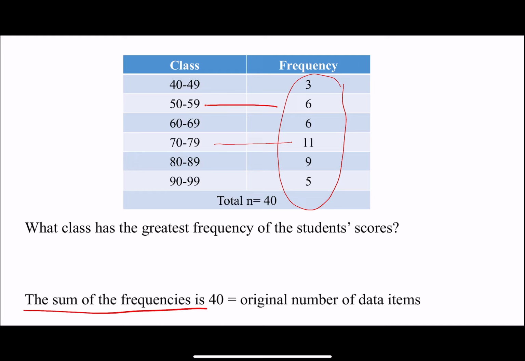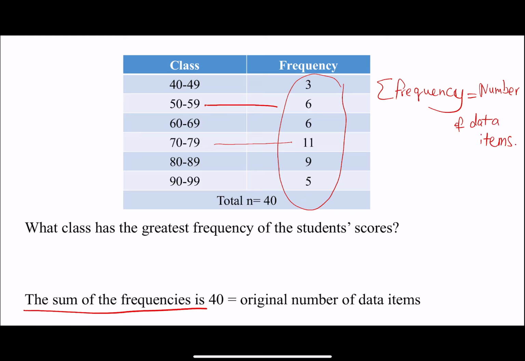So when you add all the frequencies, guys, I use sigma. Sigma represents sum, addition. So sigma frequency, if I add all the frequencies, right? So sigma means adding. So I get the number of data items, okay? So it's equal to the number of data items.